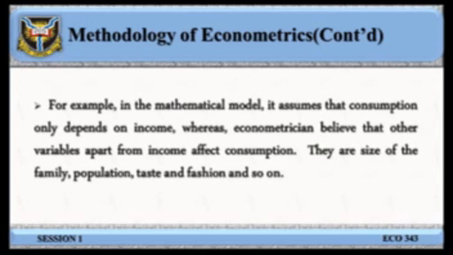For example, the mathematical model assumes that consumption only depends on income, whereas econometricians believe that other variables apart from income affect consumption. They are size of the family, population, taste and fashion, and so on.